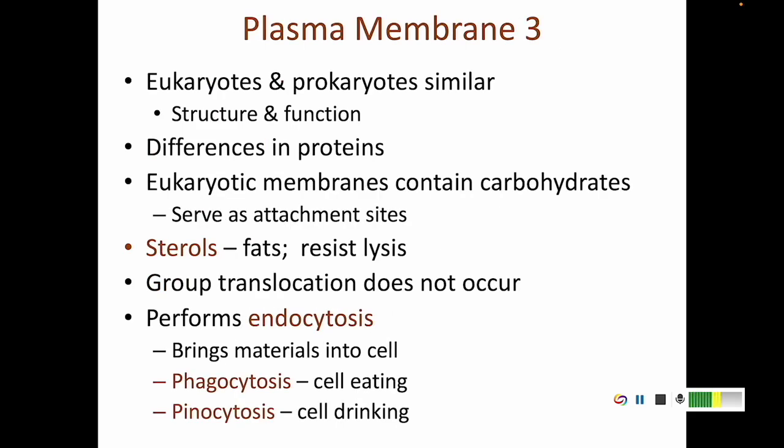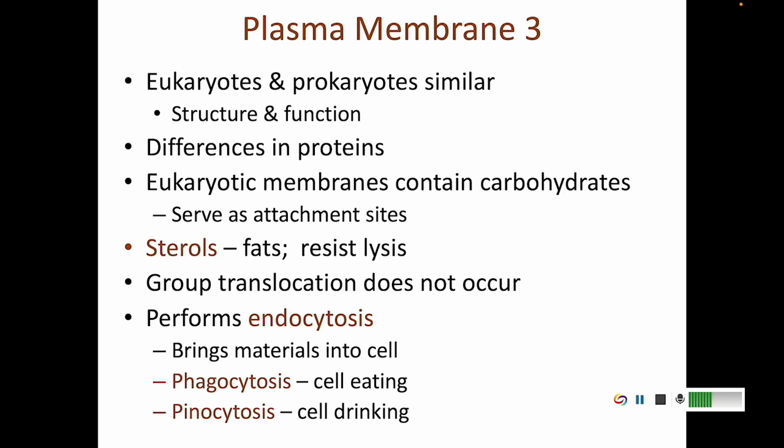The plasma membrane in eukaryotes is going to be similar to the structure and the functions of prokaryotes. We may have some different proteins. We also have different carbohydrates that serve as attachment sites. One thing that's important in a eukaryotic cell is being able to have cells attached together to organize into tissues and organs. Eukaryotic cells tend to have sterols within their membrane, which are a kind of fat. We discussed these in chapter 2.